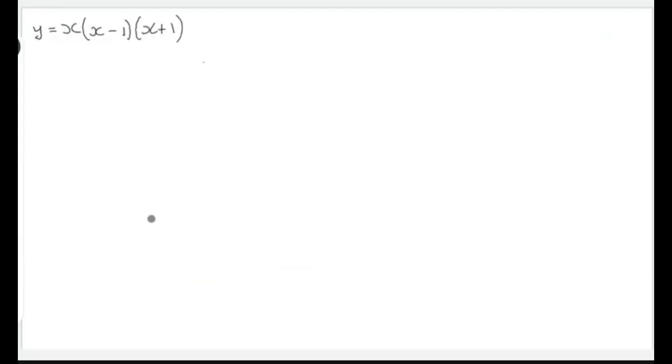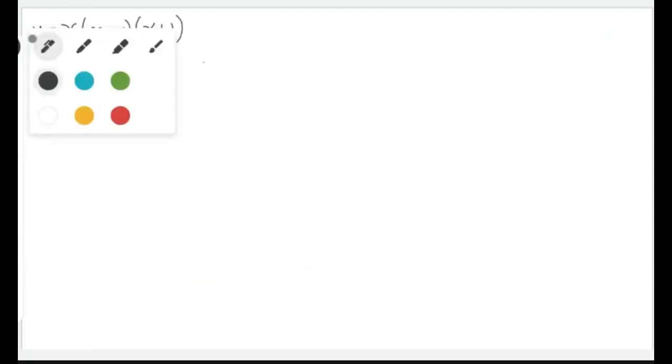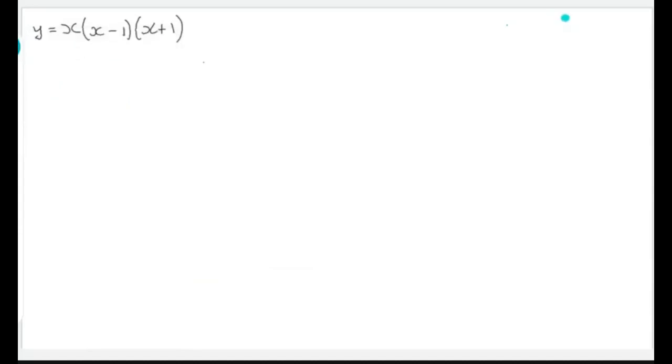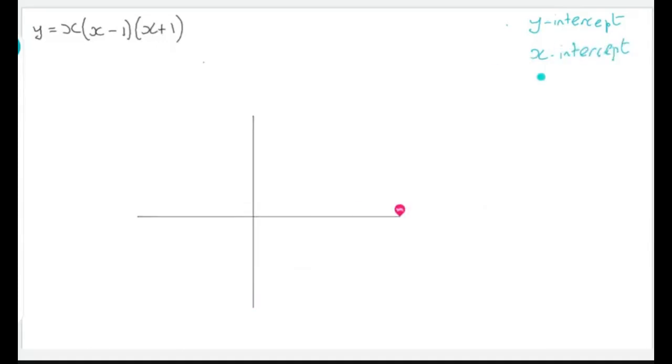I've given it to you in factorized form already, which hopefully should be useful, but you may wish to use other forms. So first question is, what is the y-intercept, x-intercepts, any turning points, and asymptotes.